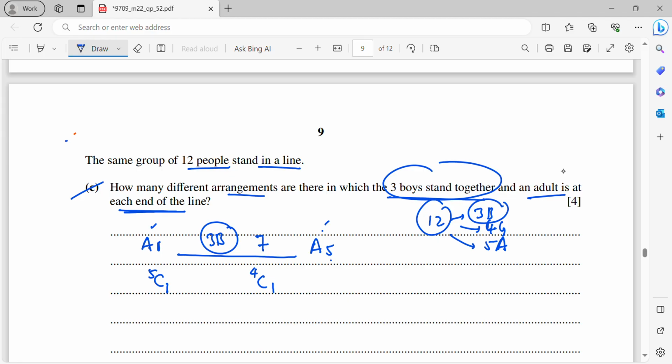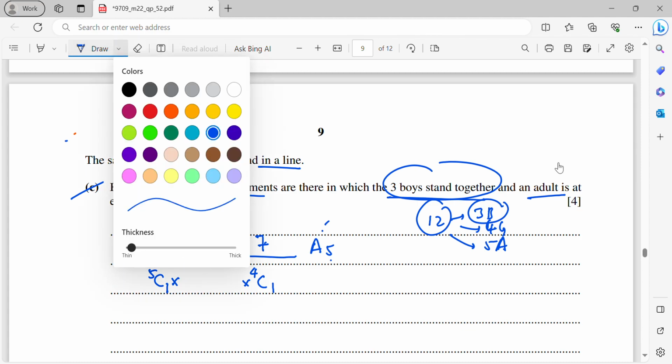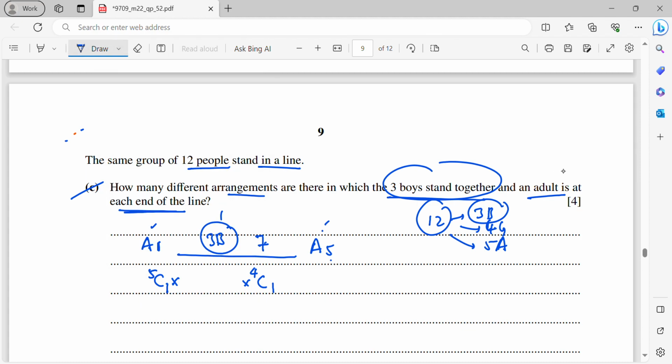Then I will say that for the middle, I have 7 persons together with one group of B. So that means the total will be 8, because 1 plus 7 is 8.